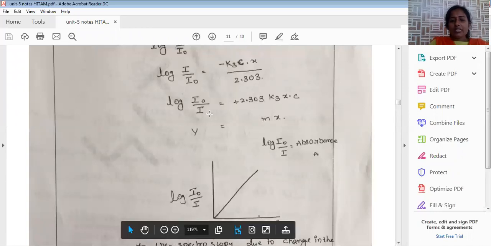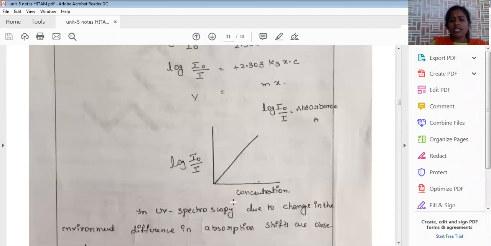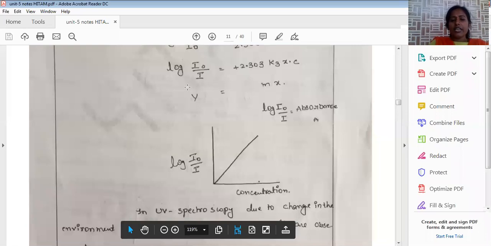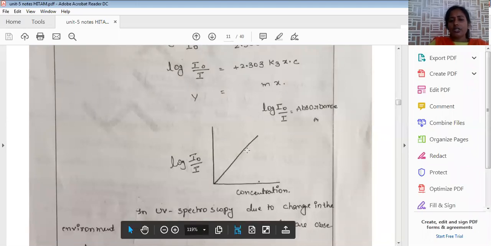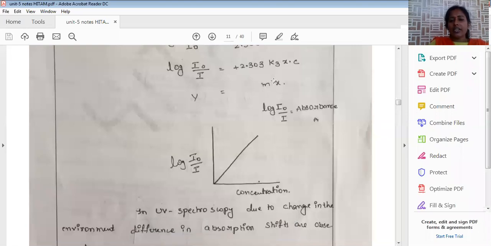Here the y-axis term is log I naught by I, intensity of initial radiation by intensity of radiation after absorbing by the sample, versus concentration. If the equation is in the form of y is equal to mx, the graphical representation is a straight line passing through the origin, and the slope m is 2.303 xc.